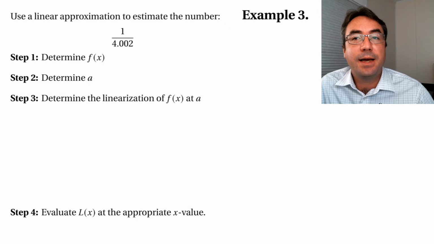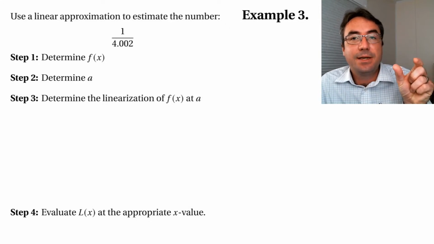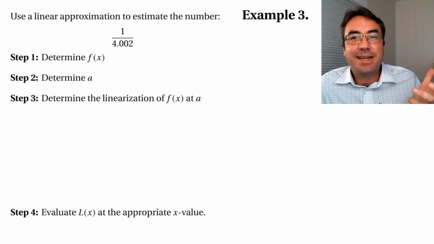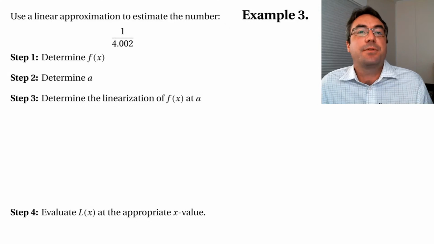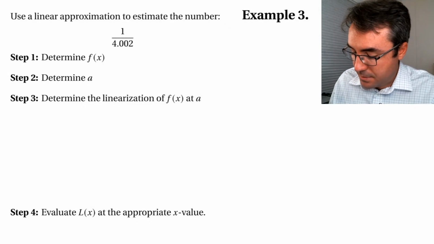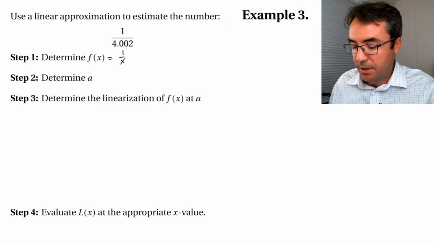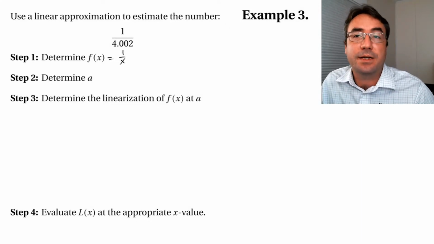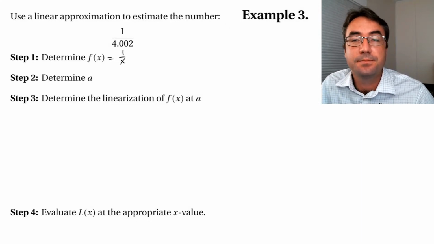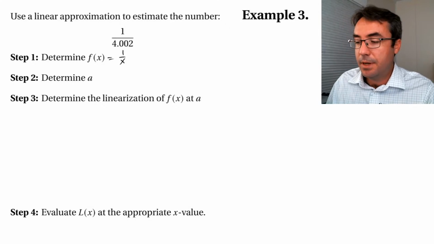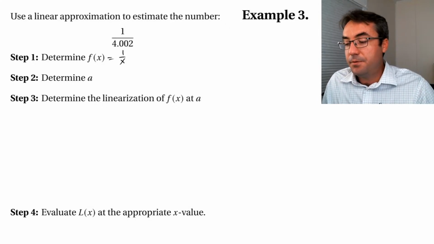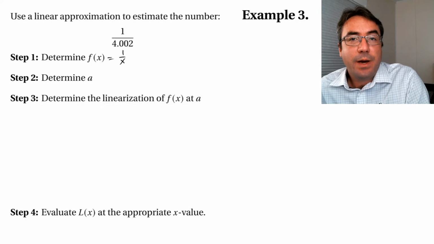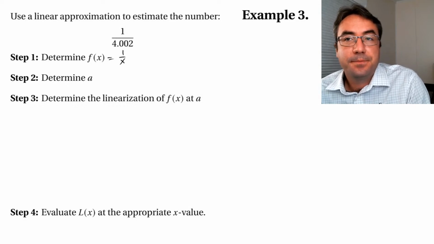So if we look at the number that we're trying to estimate, it's 1 divided by a decimal. That gives us an idea of what we should pick for the function. We're going to let f of x equal 1 over x. Now we want to figure out the a value, where we want to put our tangent line.